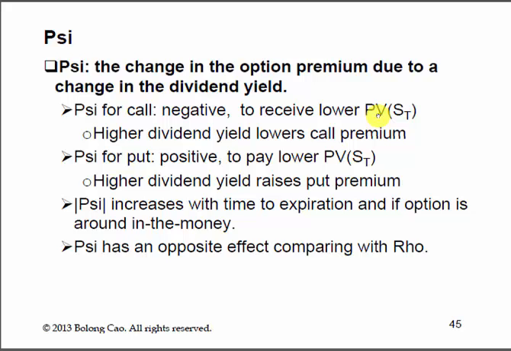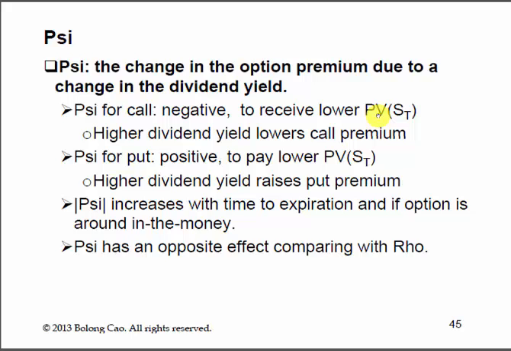The absolute value of psi increases with time to expiration. If you view dividend yield as a continuous compounding rate, more time makes dividend yield more significant. And if the option is around the money, it has an effect.